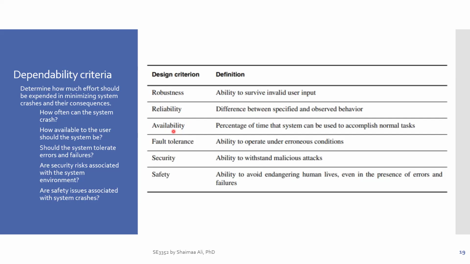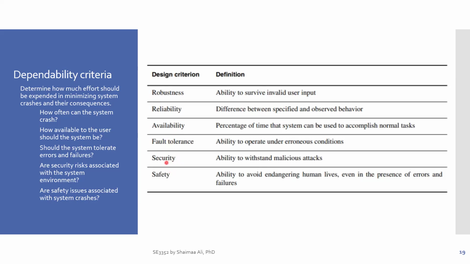But if you're creating a system for a grocery store, availability is important, but if the system is down, it's not a disaster. Fault tolerance is when something goes wrong, a fault happens: can we depend on the system to isolate the problem and continue working anyway or not?